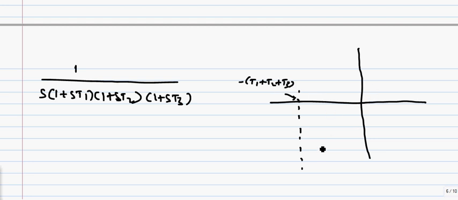When omega equals 0, the real value will be minus of t1 plus t2 plus t3, and the imaginary value will be infinity. It's going to start from here, and when omega tends to infinity, the phase value will be minus 360 degrees, which is 0 degrees if you measure in the anti-clockwise direction. The point will be here, and the plot looks like this.